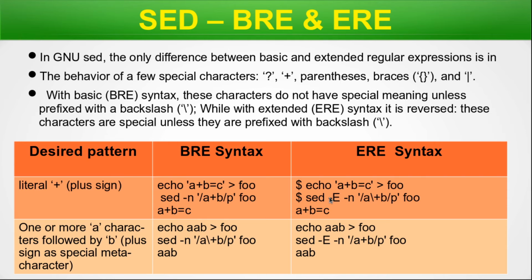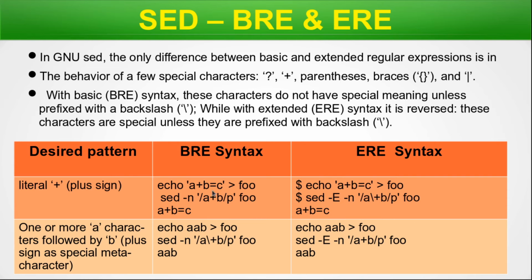And to do the same thing here, to match the plus here, we have to use a backslash. So here if you see, this plus is treated as a plus, and not as a special character plus here that we have mentioned. And in the right hand side, by default this is a special character, and to make it a normal character, we have to use a backslash.